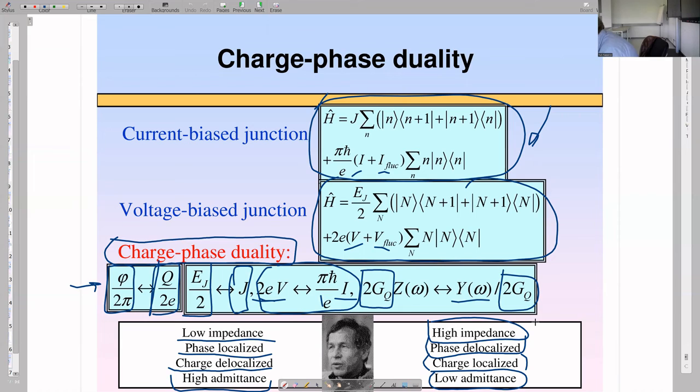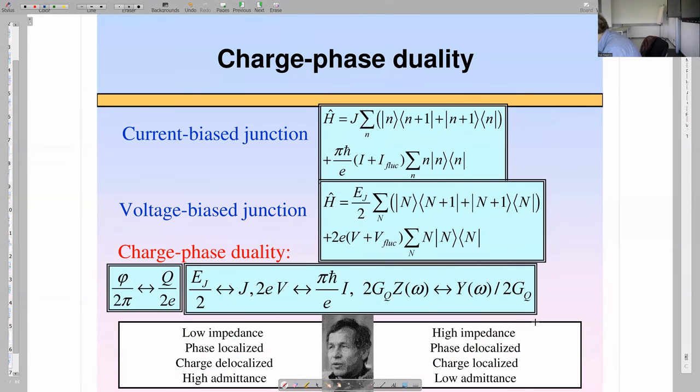This brings us to the concept of charge phase duality, which can be observed in the same Josephson junctions, eventually in different limits.